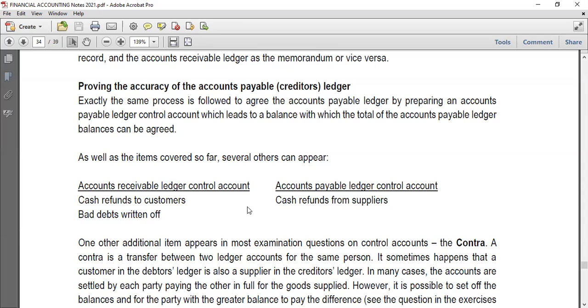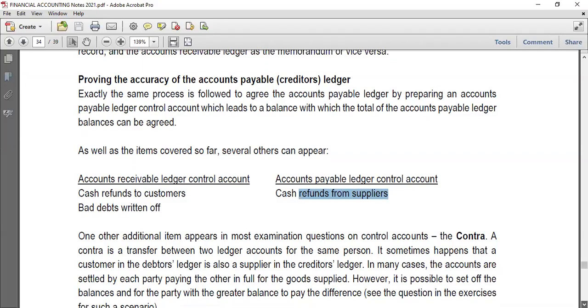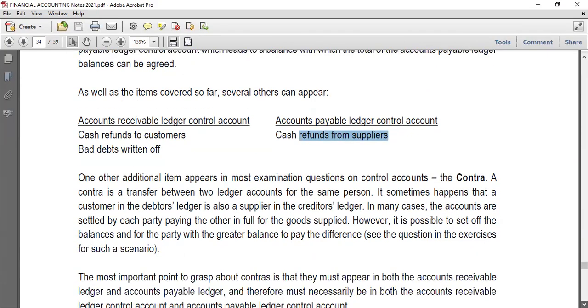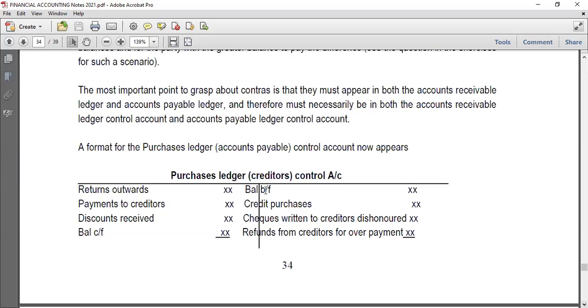Just like the way we have cash refunds to customers, here we have cash refunds from suppliers, okay? So we have such cases. So let me just right away take you to this account, okay? Just forgive me, this one tried to get distorted, but just imagine this line is supposed to be right here, okay? This line is supposed to be right here. So whatever is on this side is the debit side, and whatever is on this side is the credit side.